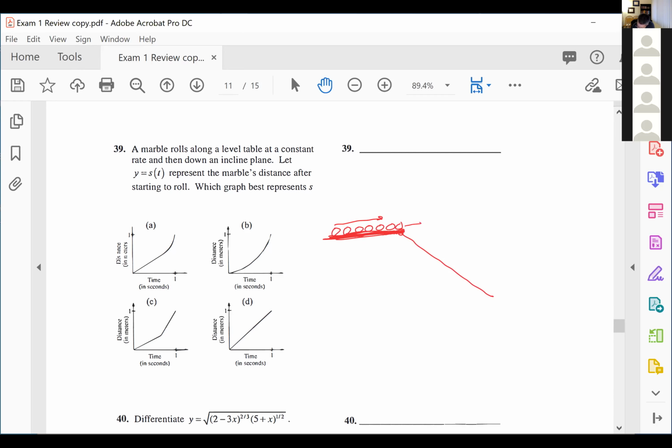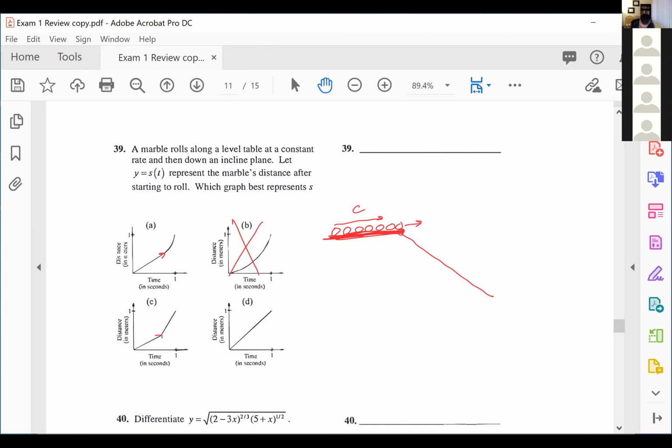So as the time increases, the distance will increase the same amount. It'd be like going 60 miles an hour, right? The time is 1 hour, the miles is 60. Okay, constant rate, which means it's going to be linear. So I can get rid of B here, because for the first part, it's going to be a line.